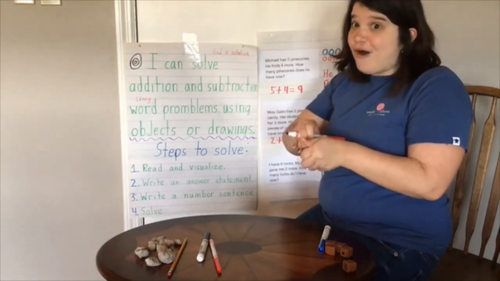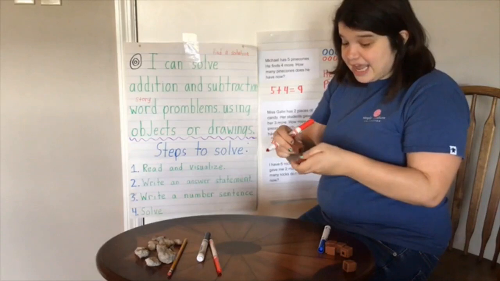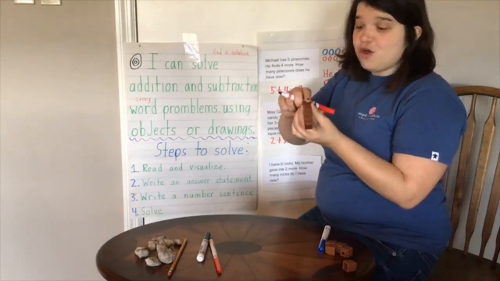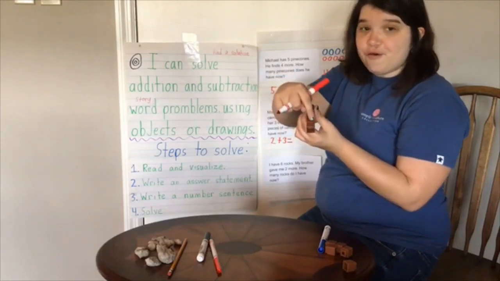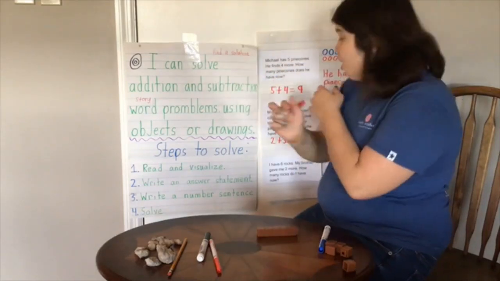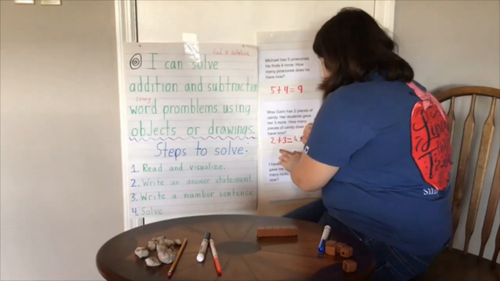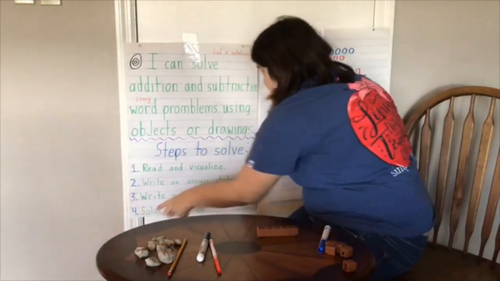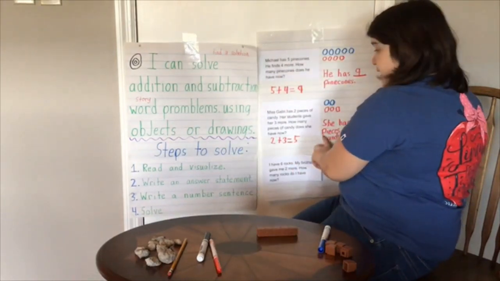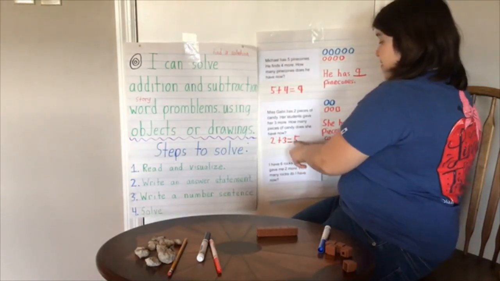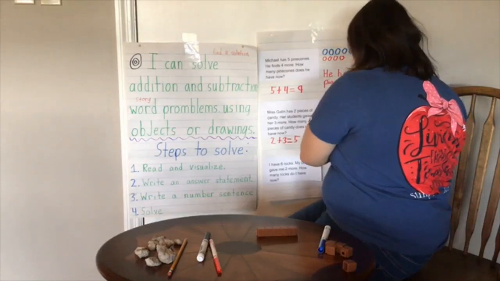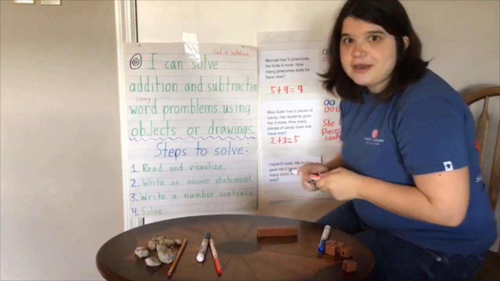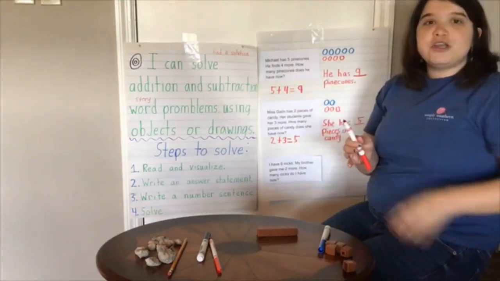Okay, so when I put all the pieces of candy together, I count on from 2, 2, 3, 4, 5. I had 5 all together. So I wrote my numbers in and solved. So I would fill in my answer statement. She had 5 pieces of candy.